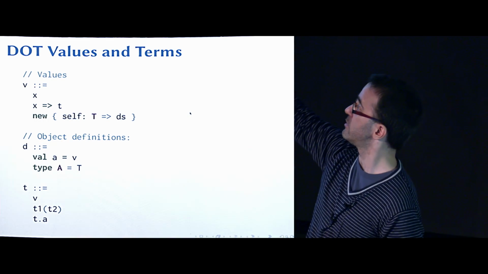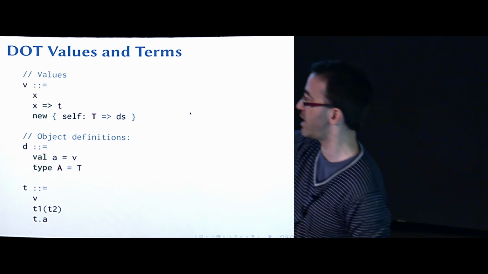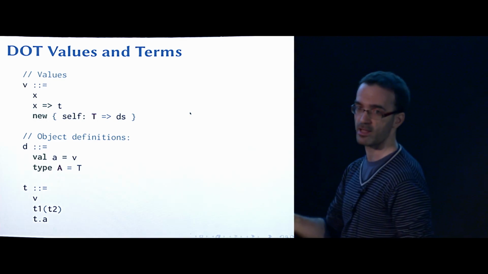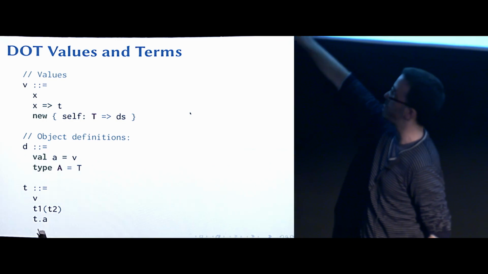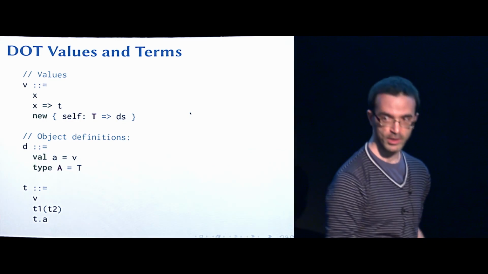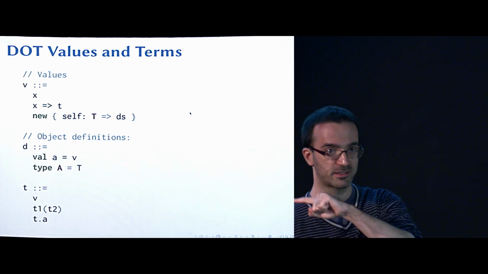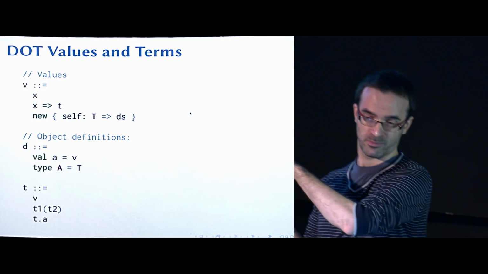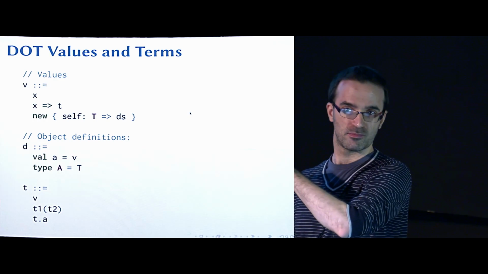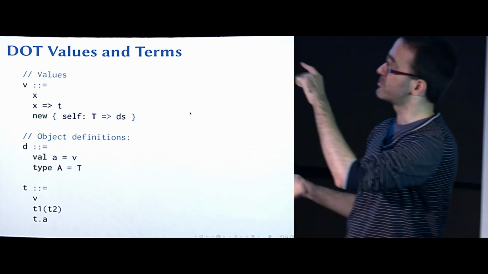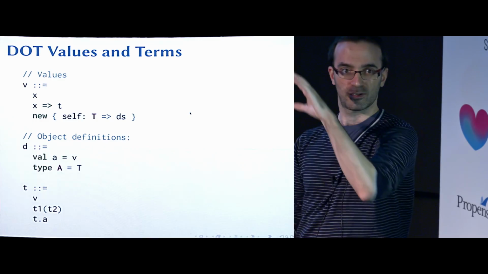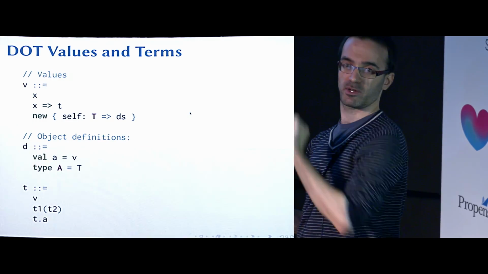And inside function bodies, we can have terms, and terms can be values. They can be application of functions, or they can select a value member from terms. So this is the syntax of the terms of the DOT calculus. And I think it's pretty cool that we can specify the syntax of terms in such a compact way.